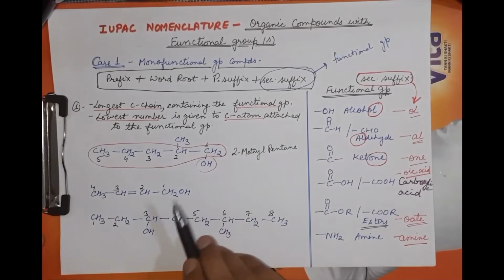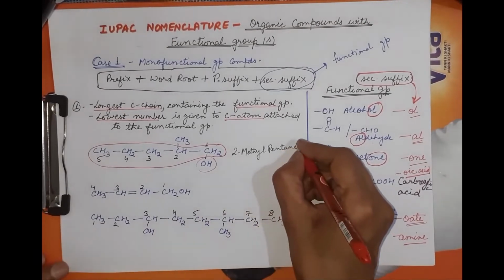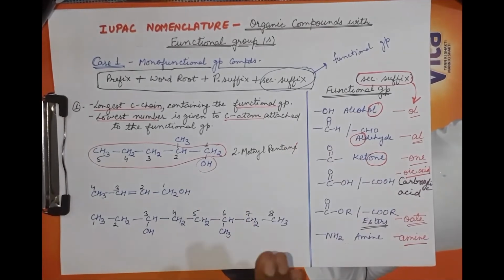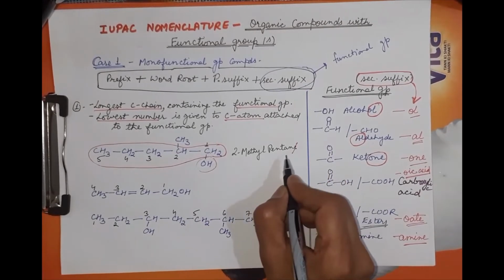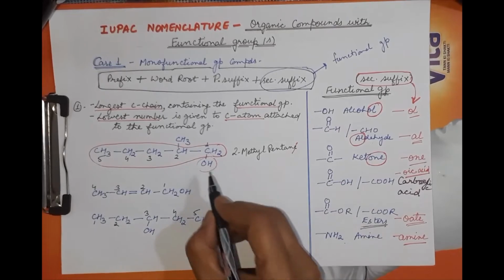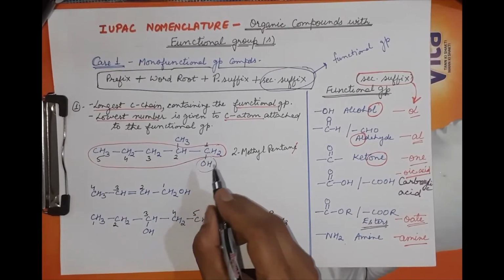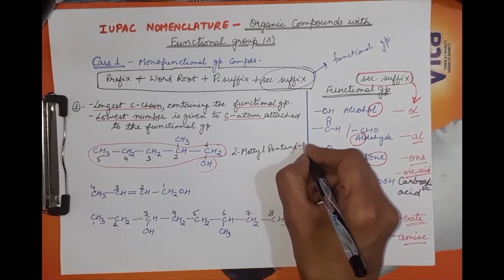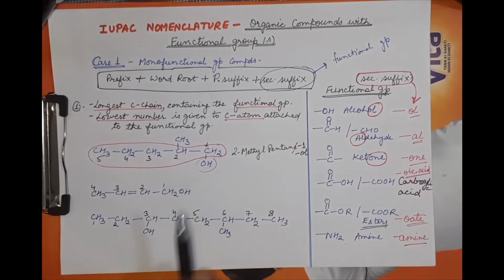And then because it has the functional group, this E is not added here, it is dropped, because the functional group position has to be written further. So we will not write this E, and then further the functional group is present at the one number carbon atom: pentan-1-ol. So this will be the name of this compound.